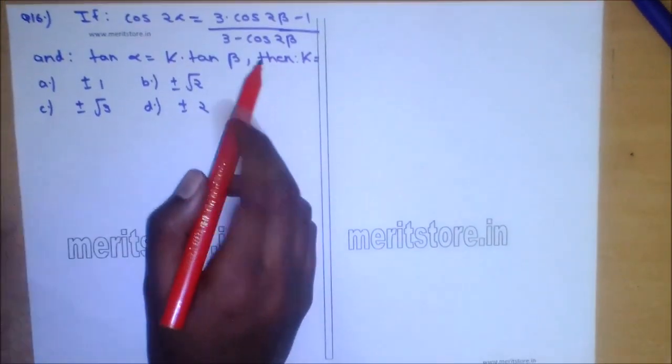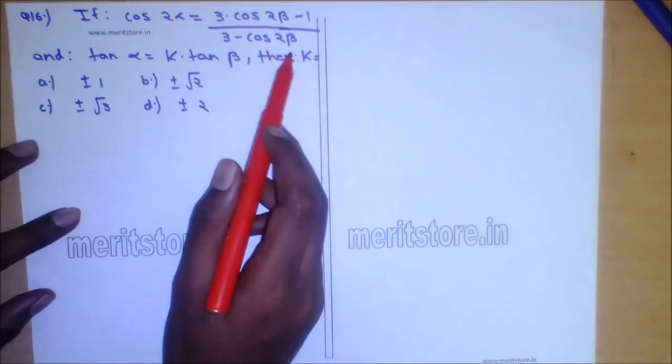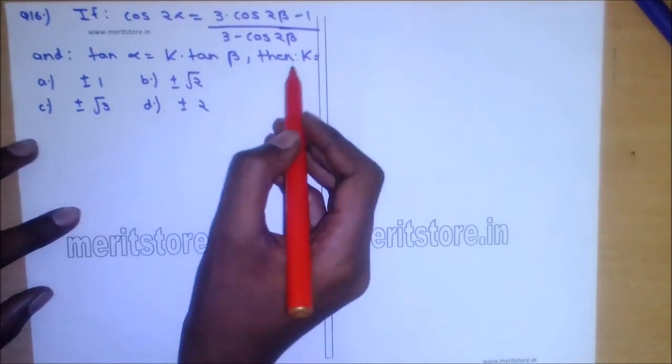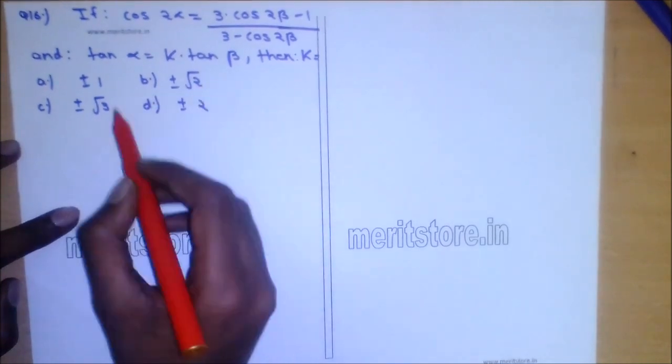If cos 2 alpha is (3 cos 2 beta minus 1) upon (3 minus cos 2 beta), and tan alpha equals k tan beta, then find k. The options are plus or minus 1, plus or minus root 2, plus or minus root 3, or plus or minus 2.